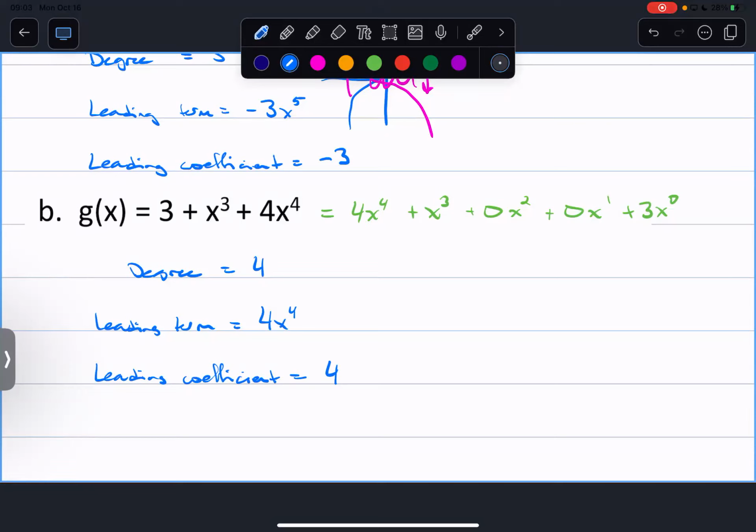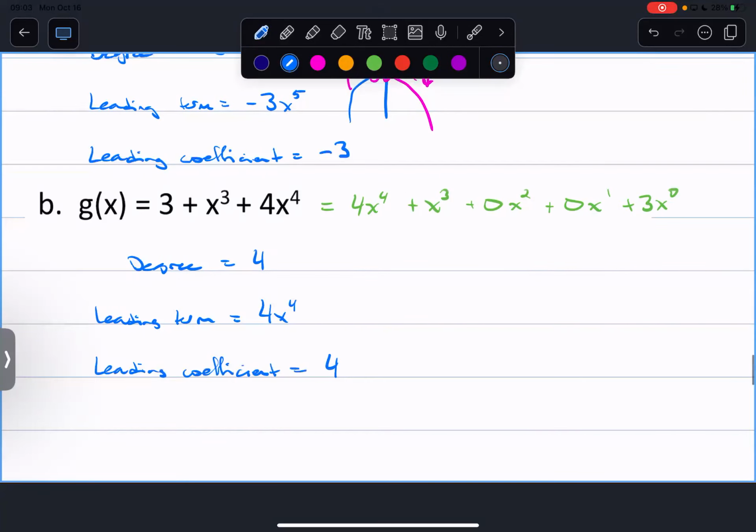What would the long run behavior look like if you had to guess? Your guess is going to be pretty good. Well, I've got an even degree, so overall it's going to look something like this.